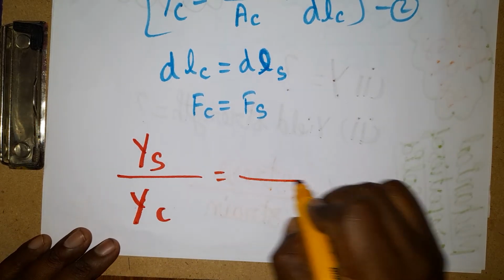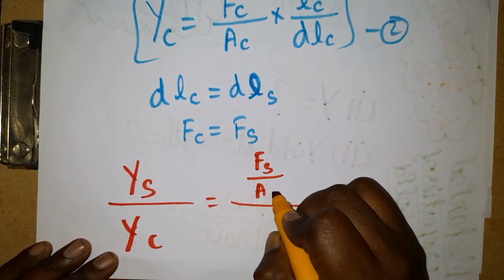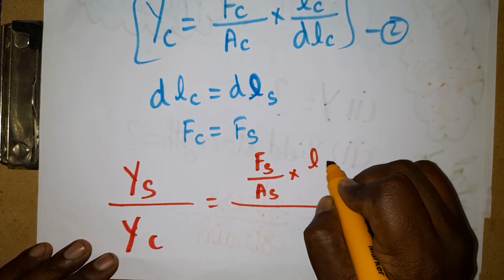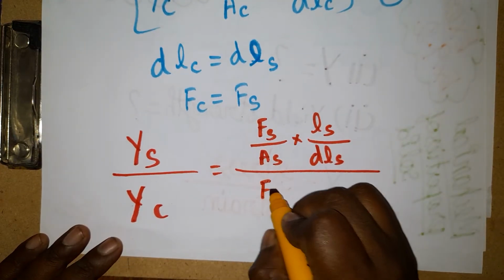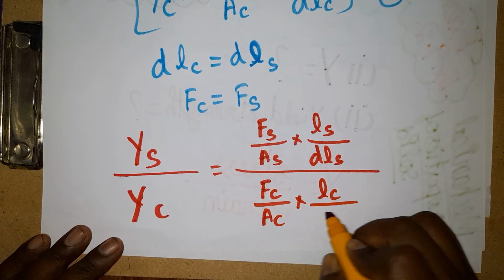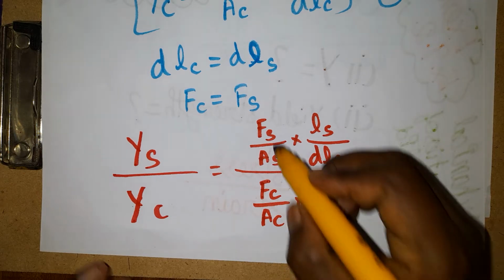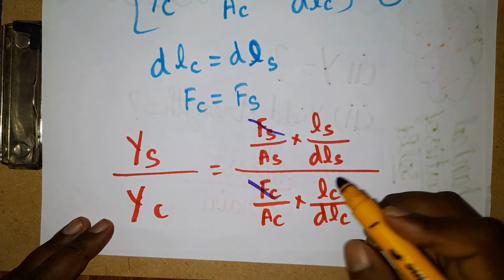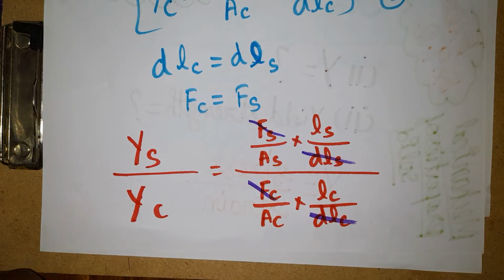What is the steel wire equation? Force for steel, area for steel, length for steel and changing length for steel. Force for copper, area for copper, length for copper and changing length for copper. Already I told you some of the data is equal, which is given in the question. That is, the force applied is equal and the changing length is equal. Only the other two ratios we should take.